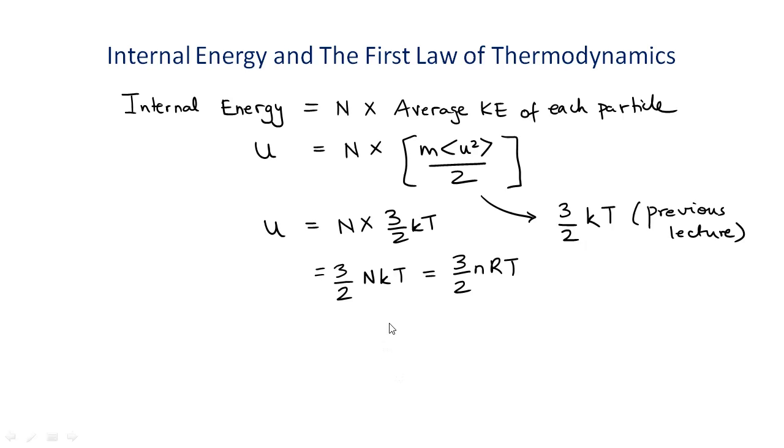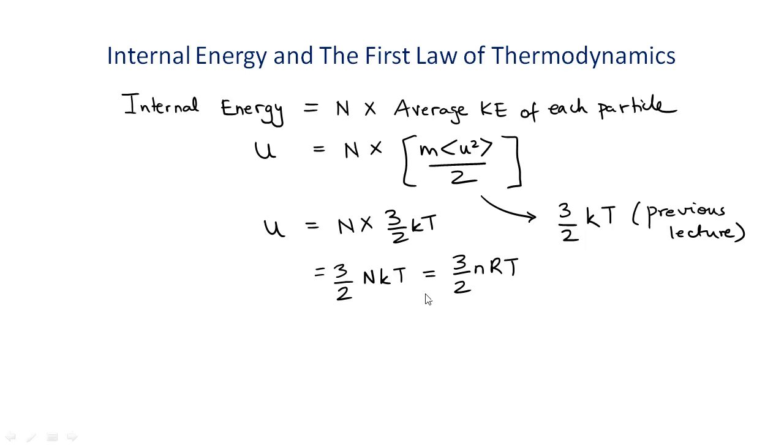A very important point to note here and remember for the rest of our discussions and for solving problems is that the internal energy of an ideal gas depends only on the temperature. We have just justified why this is true for a monoatomic ideal gas, but this statement is true for polyatomic gases as well.